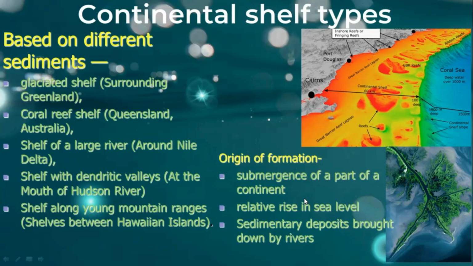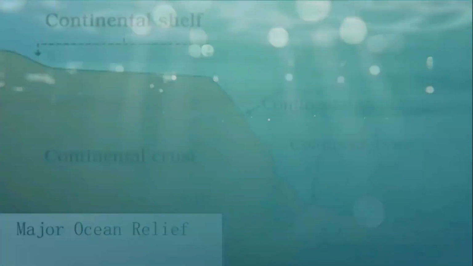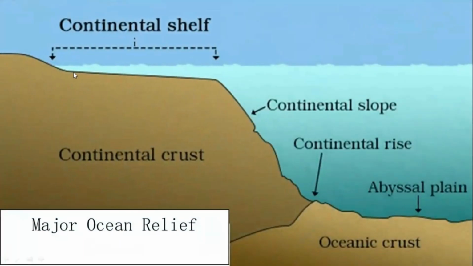Now, based on origin of formation, the sea level can either rise or there can be submergence of a part of the continent. Let us come back to the previous slide. Supposing this particular area, which is now a continental shelf, was land, over here, and supposing this particular area was up over here.